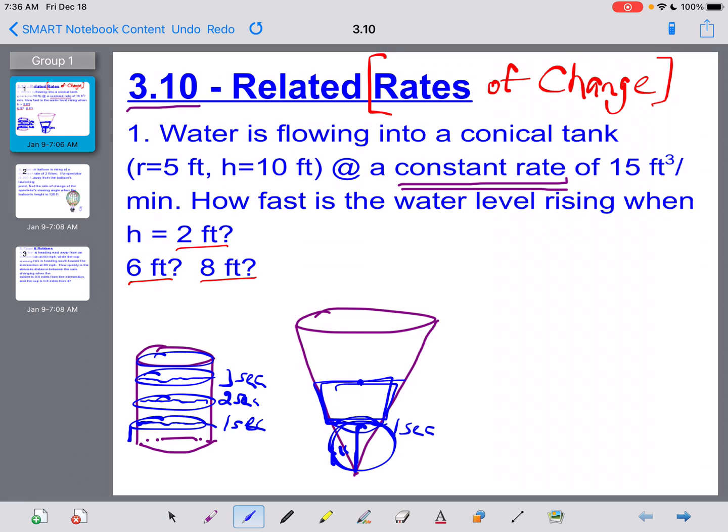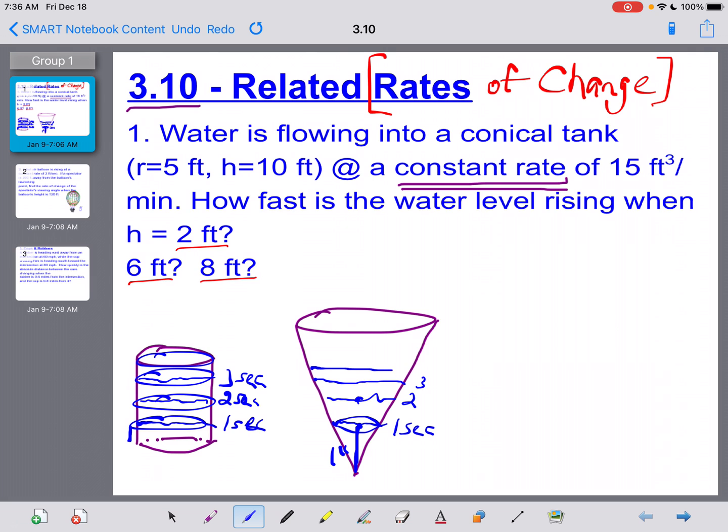All right, so because the cross-sectional area within a cone is not constant the way that it was in a cylinder, it might well be the case that after 2 seconds, maybe our water level is only about here. And that's where we are after 2. And after 3, there's probably even less of an increase than there was between 1 and 2.